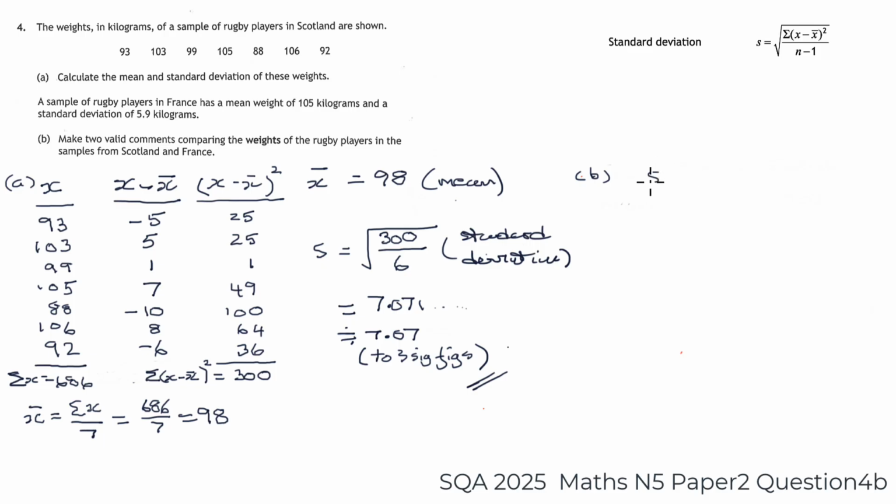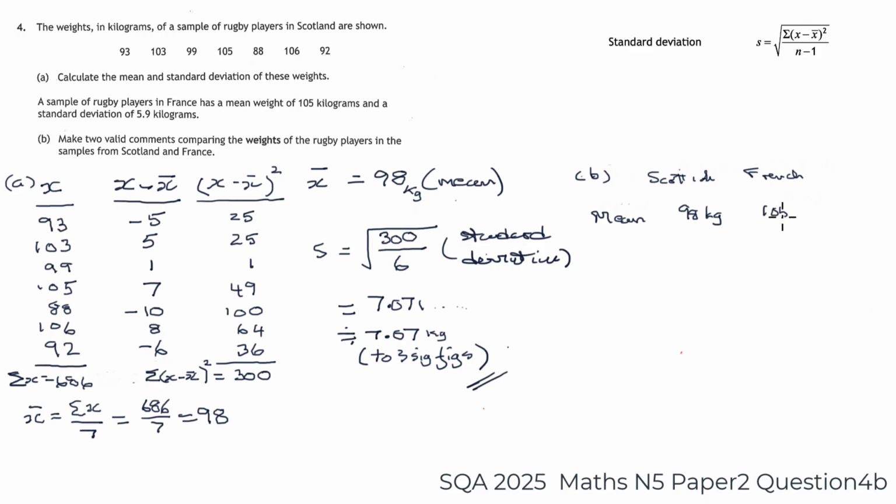So we've got Scottish and we've now got French players, and we know about their means. The Scottish players, 98, we should have had measurements in there, they're both kilograms. So the Scottish mean weight, 98 kilograms, compared to the French mean weight, we're now told is 105.